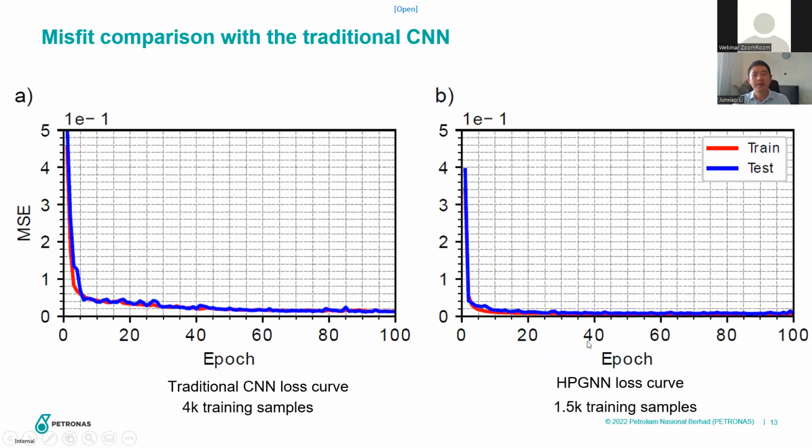On the right-hand side, we use the HPGNN to do the training, but in this diagram we only use 1.5K training samples, which can save a lot of processing time compared to the CNN to get this loss curve.